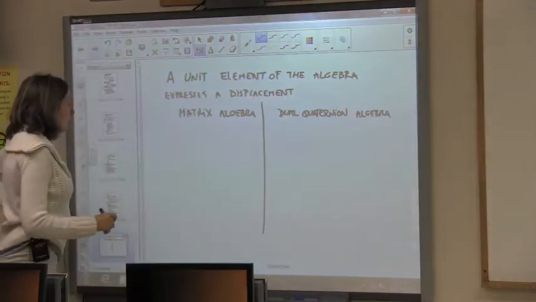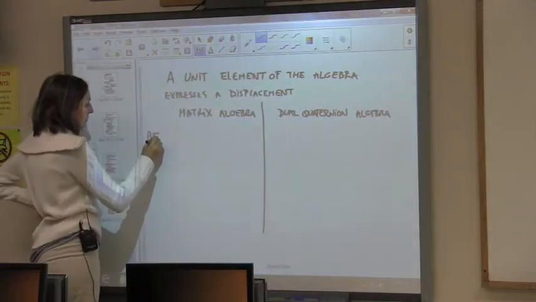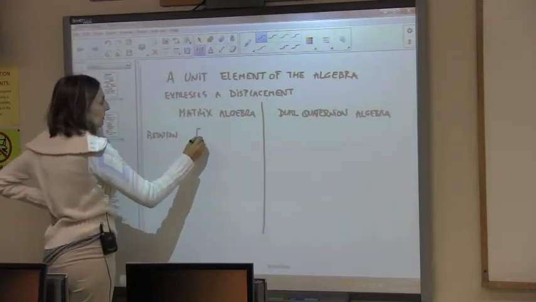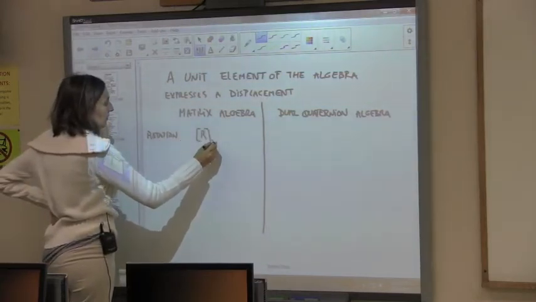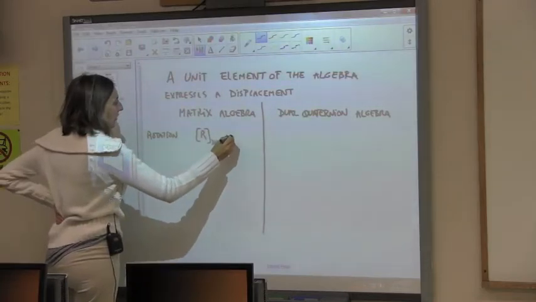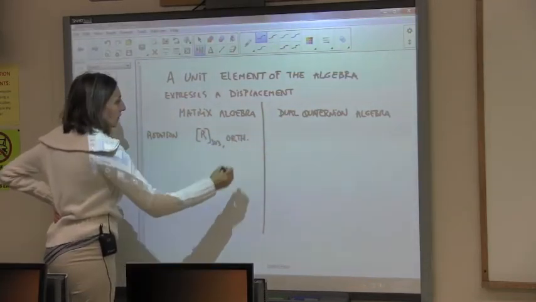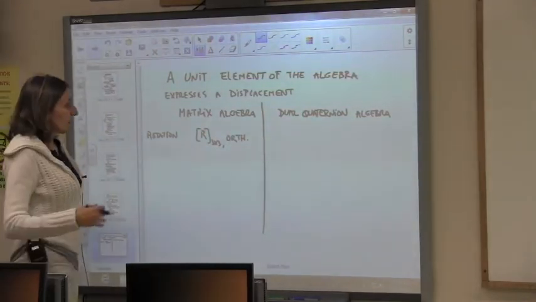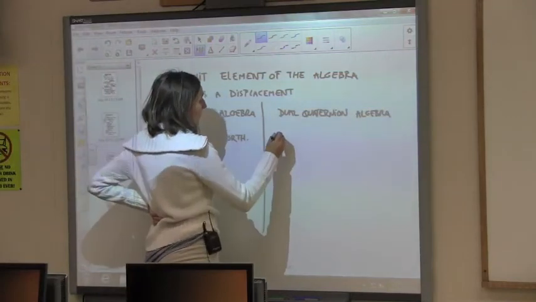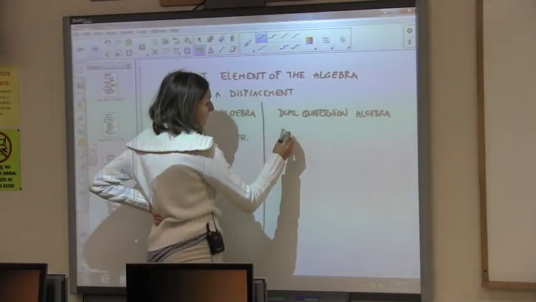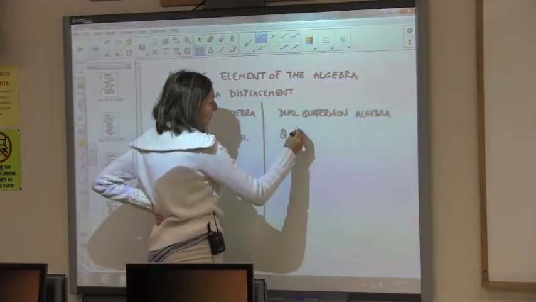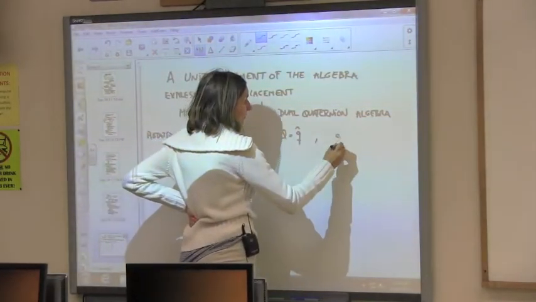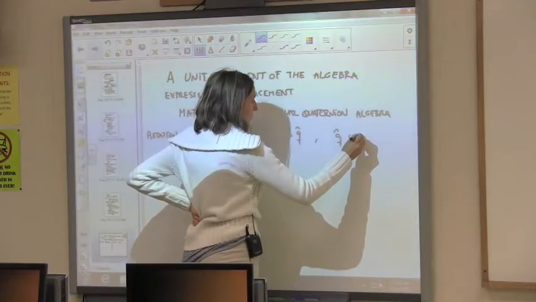So in matrix algebra, for instance, you have a rotation. It's a 3x3 matrix, right? And it has to be orthogonal. In dual quaternion algebra, a rotation is given by a quaternion, a dual quaternion, which is just Q plus epsilon 0. And this has to be unit.